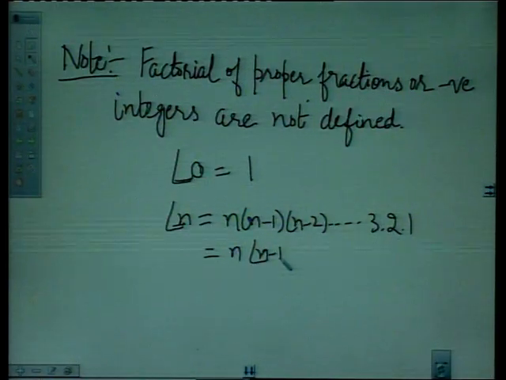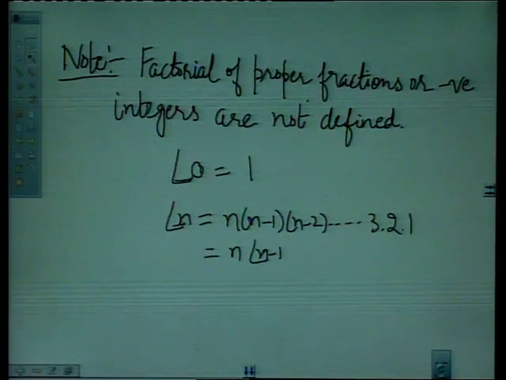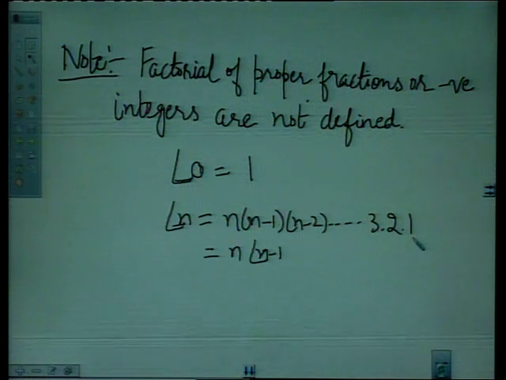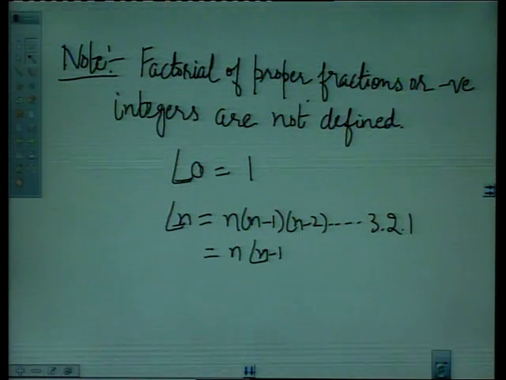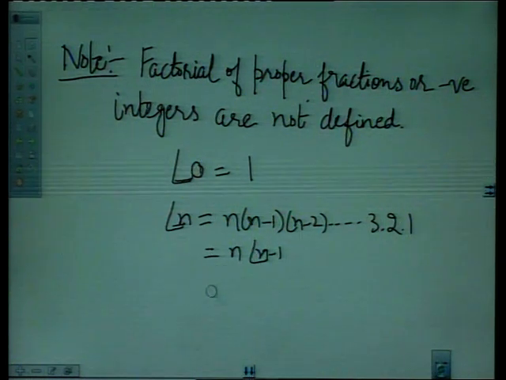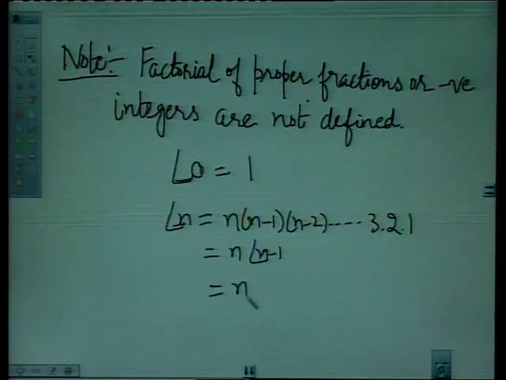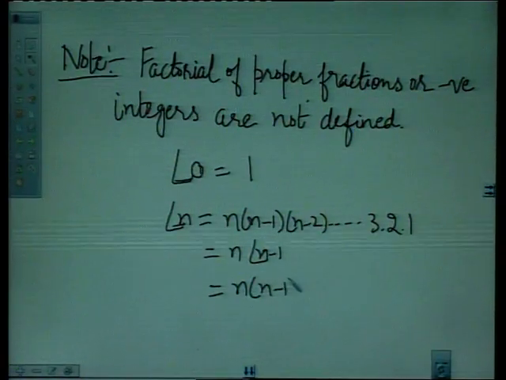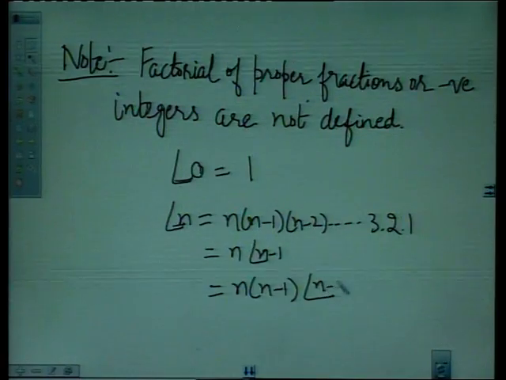Here n minus 1 factorial is a product starting from n minus 1 ending with 1. Similarly, we can expand it further. We can write n factorial as n into n minus 1 into n minus 2 factorial, and so on. This was all about the factorial.